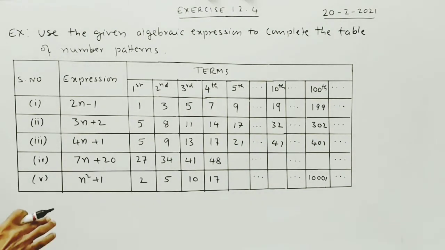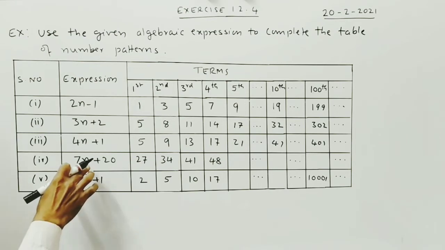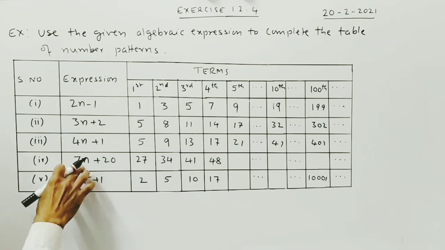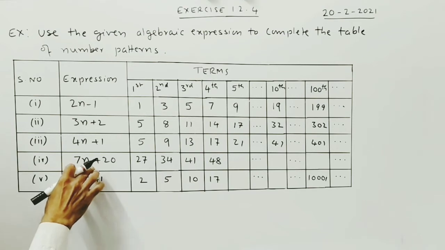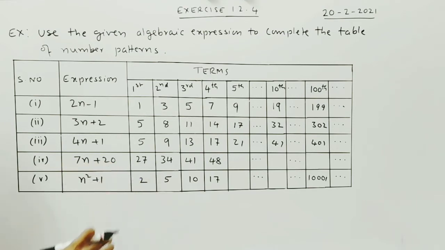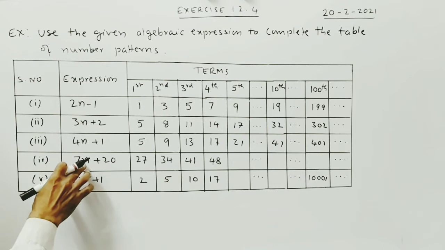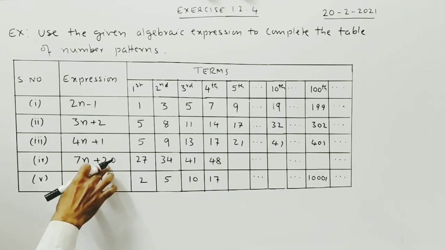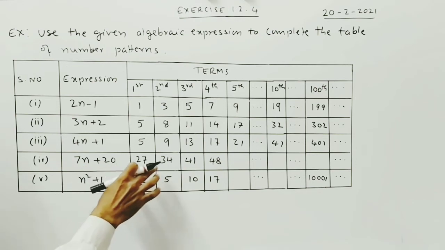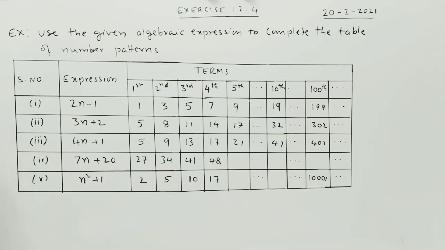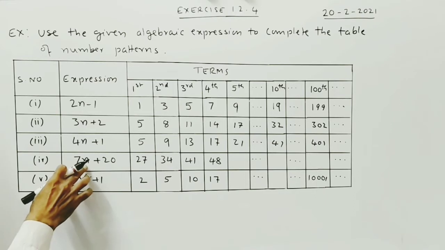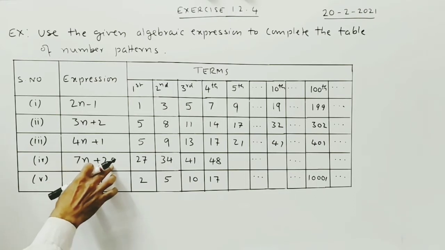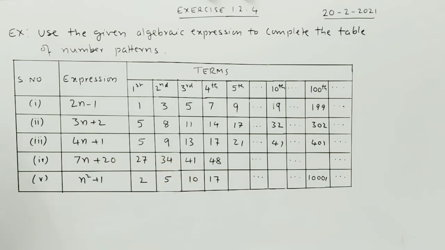Fourth expression, 7n plus 20. When n is equal to 1, 7 into 1, 7 plus 20, 27. When n is equal to 2, 14 plus 20, 34. When n is equal to 3, 21 plus 20, 41.